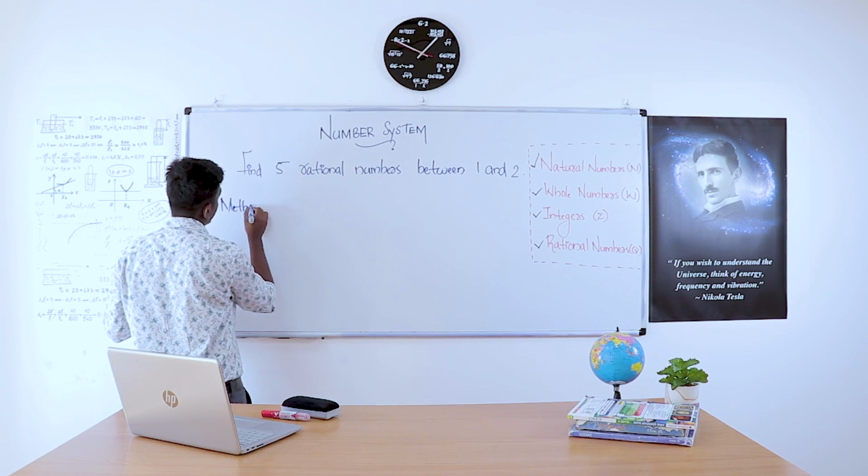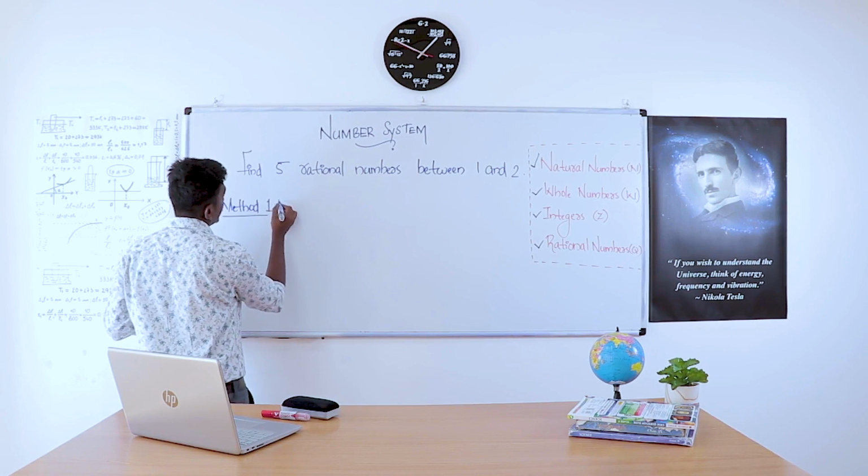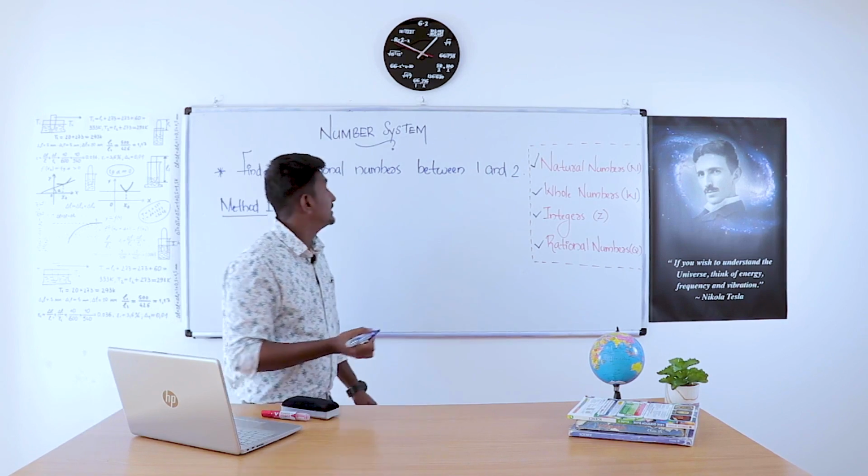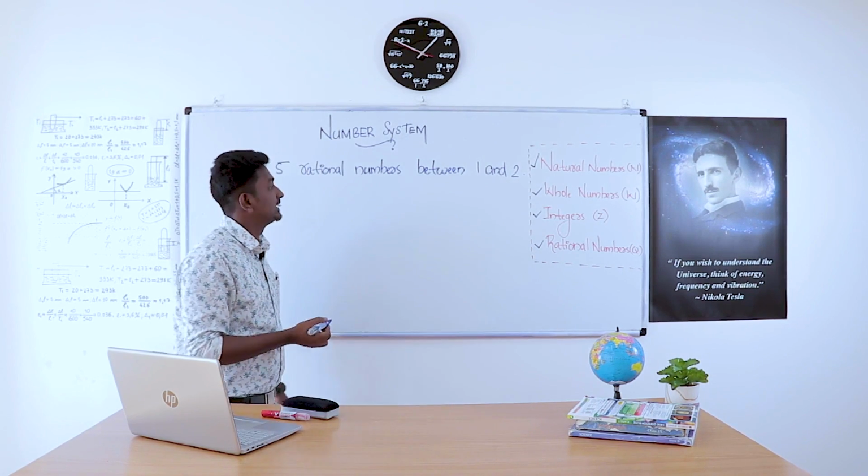Method 1. First method is that in between 1 and 2, we have to find 5 rational numbers.